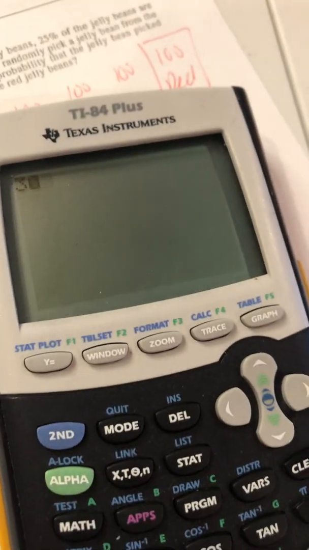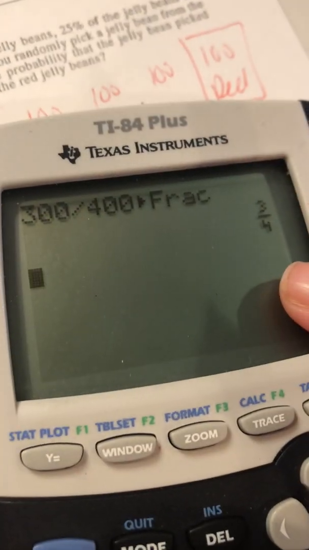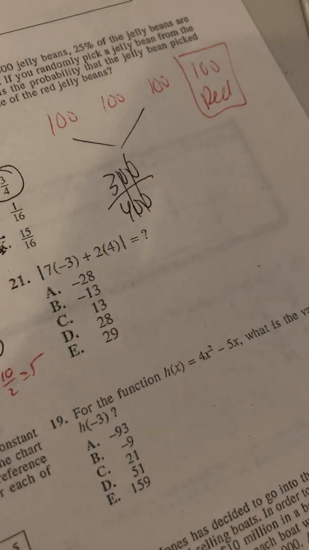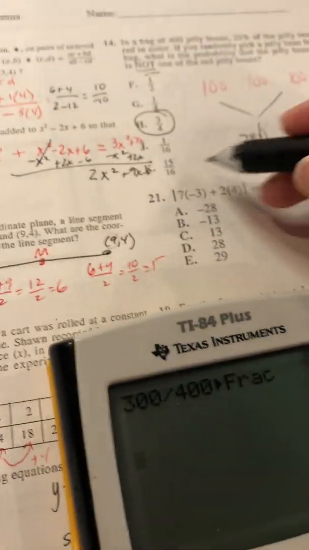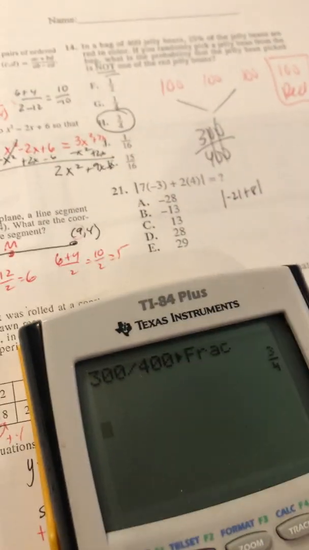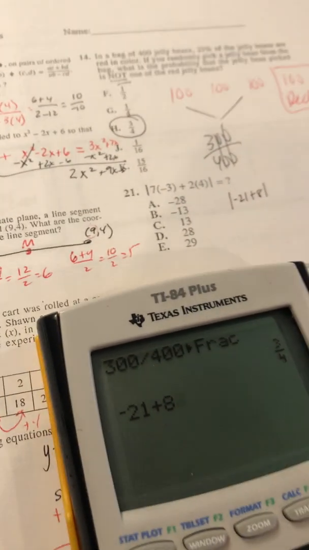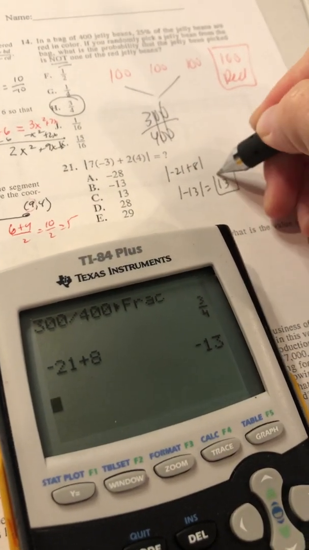Real quick though, I know you guys already know it, but 300 divided by 400, you can hit math, enter, and it will reduce that fraction for you if you don't know that you can just take away the zeros. Once again, you guys probably know how to do this by hand. You say that's negative 21 plus 8. And so you would get that that's the absolute value of negative 13, which is, of course, positive 13.